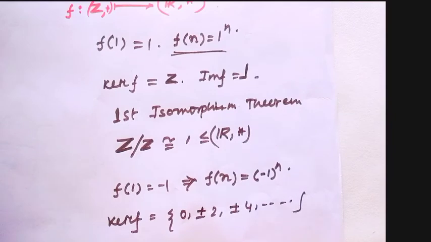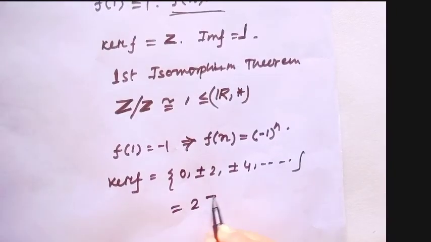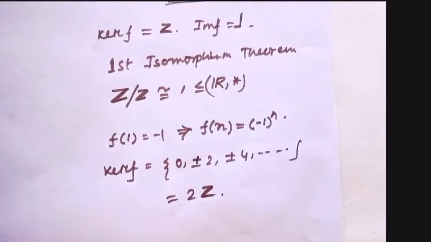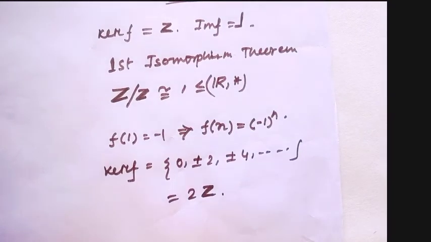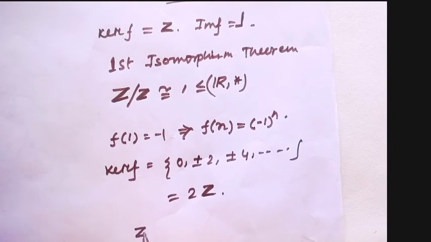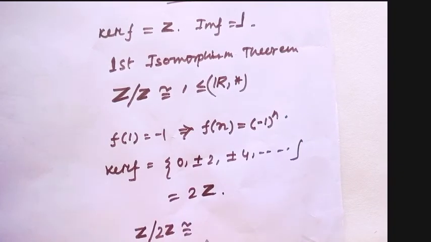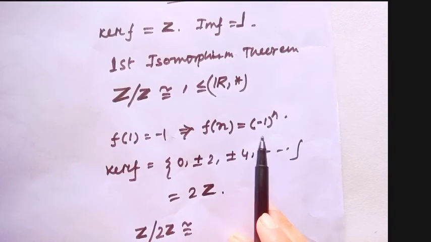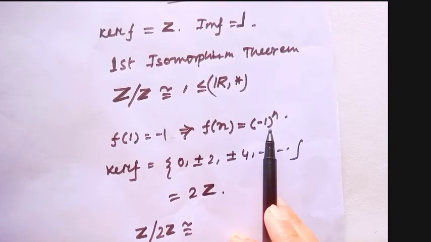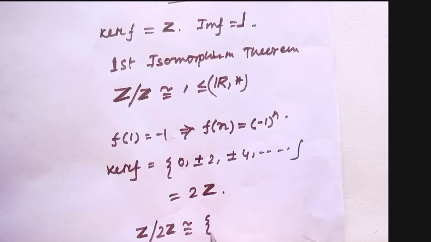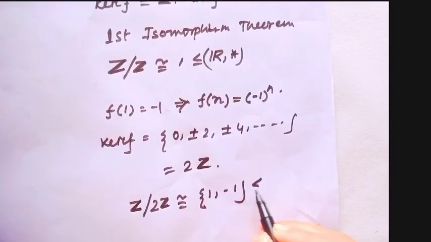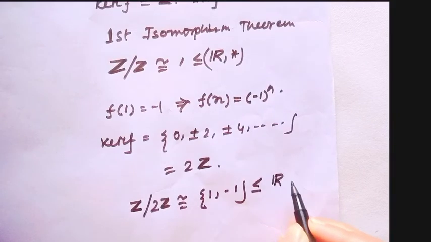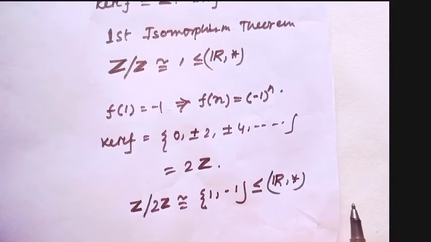That means this is nothing but 2Z. Then by the first isomorphism theorem, we can tell Z mod 2Z is isomorphic to what? What would be the image? Only 1 and minus 1. So it is isomorphic to {1, -1}, which is also a subgroup of the non-zero real numbers under multiplication.